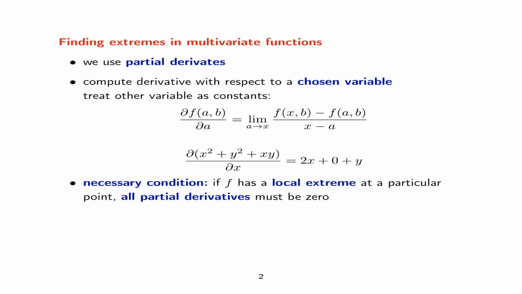To demonstrate this, if you have a function like this and you want the partial derivative according to x, then this is x squared, so the derivative of x squared is 2x. This is y squared. I said treat y as a constant, so imagine this is 7, and the derivative of a constant is 0.